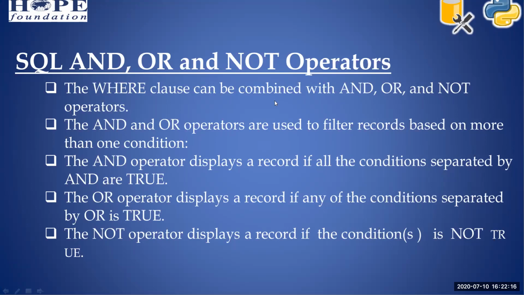If any one gets false, it won't print any value, right? An OR operator displays a record if any of the conditions separated by OR is true. If we have separated five or more conditions with OR, if any one gets true, it prints the value, right? So that is the OR condition.